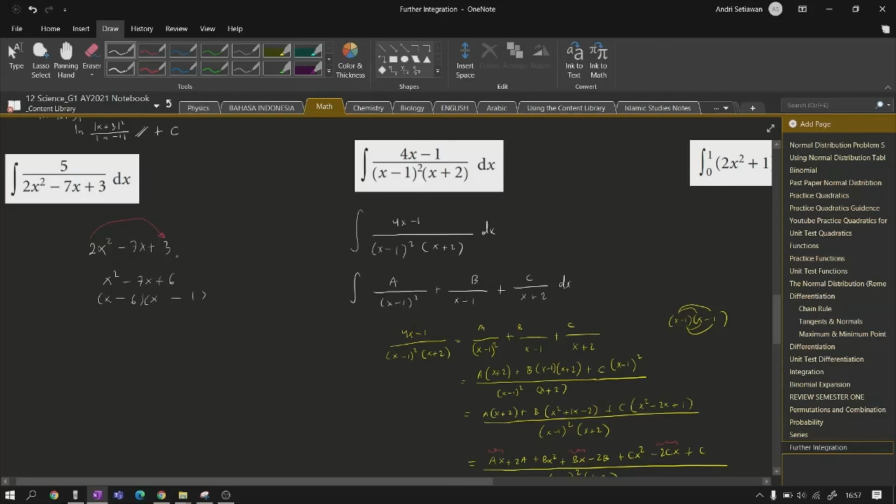Since we used 2 in the first step, let's divide by 2: x minus 3 and 2x minus 1. This must be the factorization of 2x squared minus 7x plus 3.